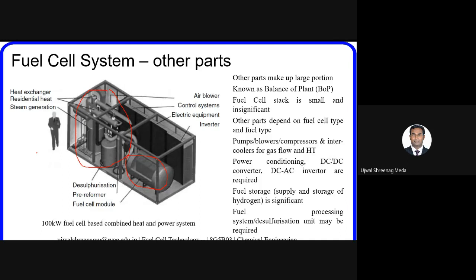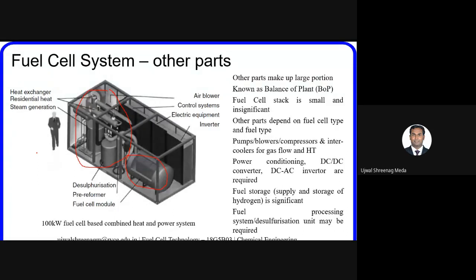Even so, the component that is very important in the fuel is hydrogen, for most of the fuel cells. Of course, there are certain fuel cells which run completely without hydrogen, but in general, when we talk about fuel cells, the most common fuel is hydrogen, and ideally it is pure hydrogen.